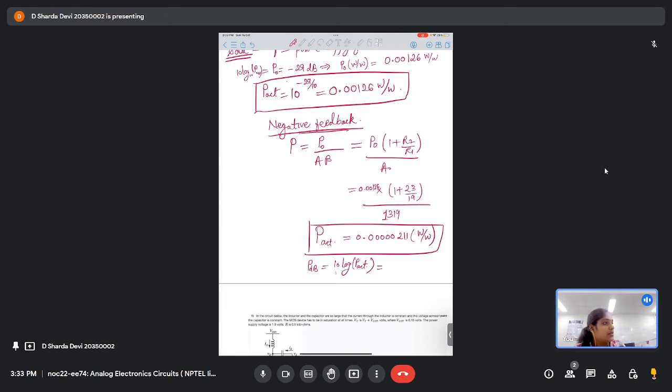The answer turns out to be minus 84.515 dBs. So the power supply gain turns out to be this.